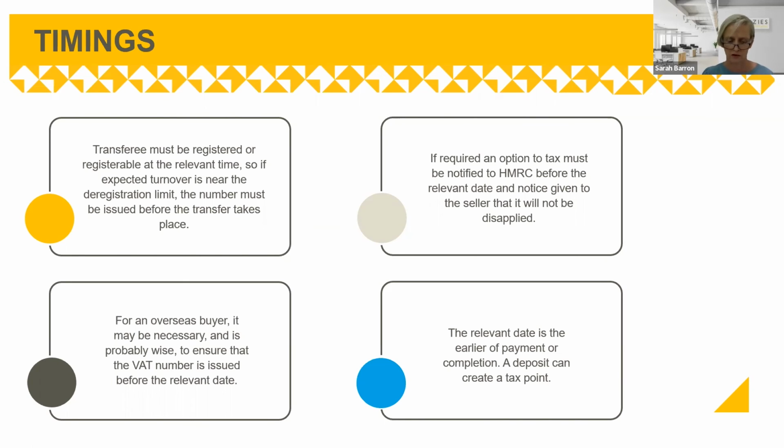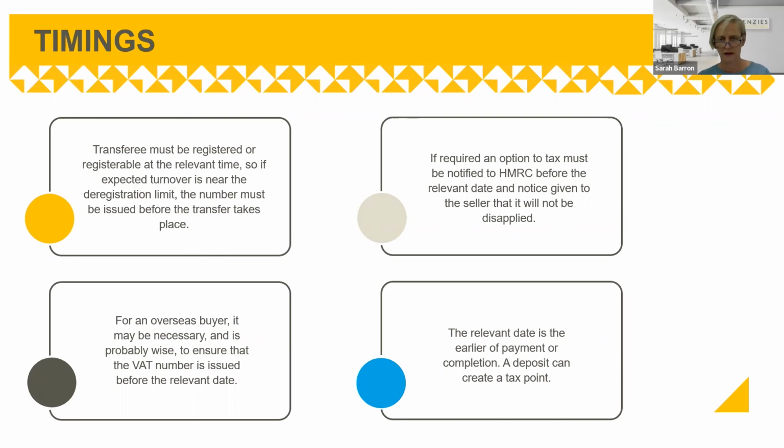It's a voluntary registration. And for overseas buyers, so if you've got an overseas landlord buying a UK property, it might not be essential, but we need to review it on a case-by-case basis. But it's wise to make sure that the VAT number for an overseas buyer is issued before the relevant date.